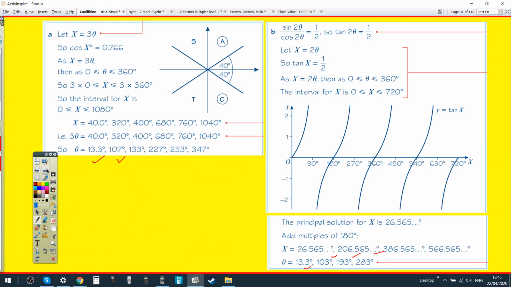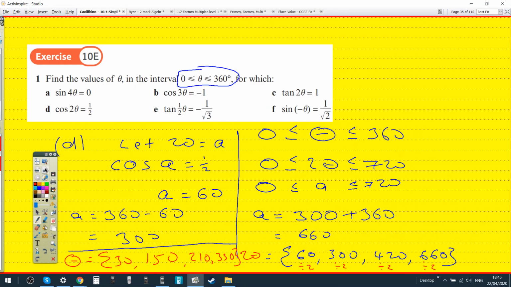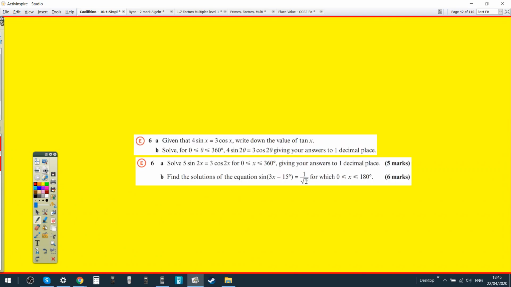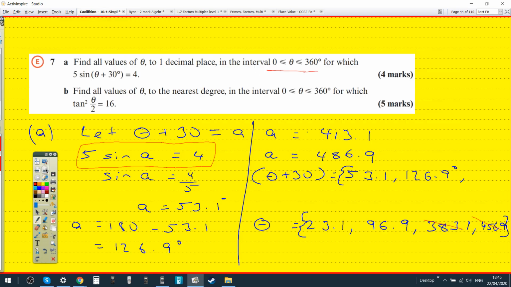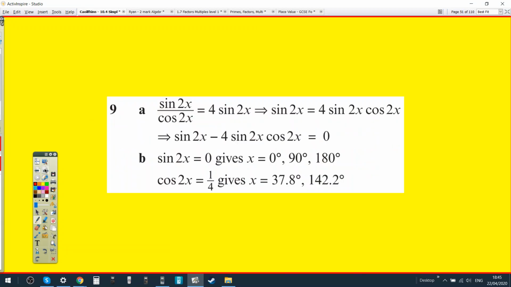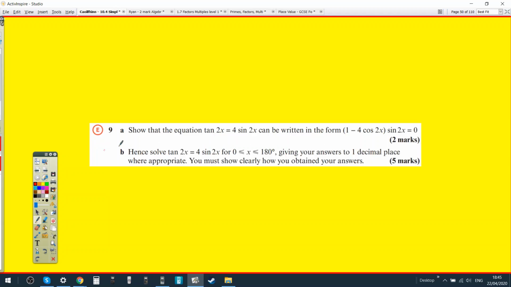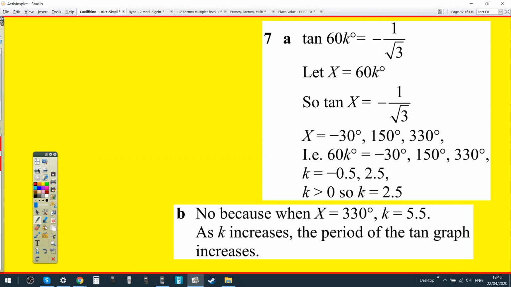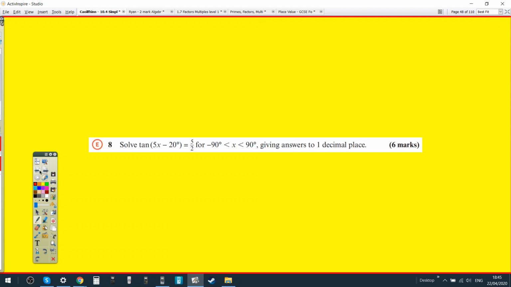No. Right, I'm throwing you in. Exam question, hardest one I can possibly find of this sine type. I'm going all the way to the end. Let's see. Oh, I should have given you that one at the beginning.